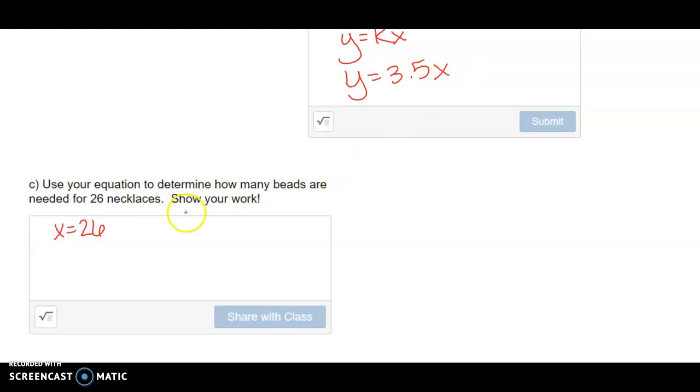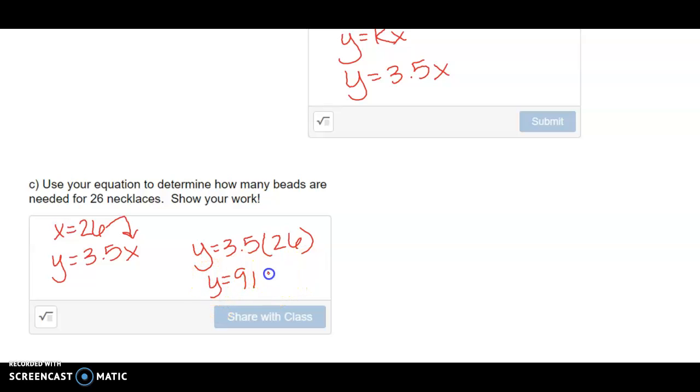And we know the equation from up above. So we're going to plug 26 in for x and simplify. So 3.5 times 26 gives me 91. So we need 91 beads to make 26 necklaces. And that is it for the portion of the review that is on unit rate and proportionality.